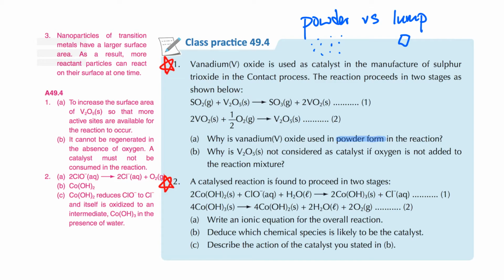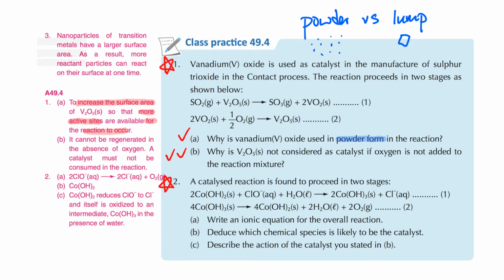With a larger surface area, of course, it can catalyze the reaction better, with more surface for the catalysis to occur. So the key point always goes to increasing the surface area, giving more active sites for the reaction to occur. We call the surface the active site. So A is good, B is even better.